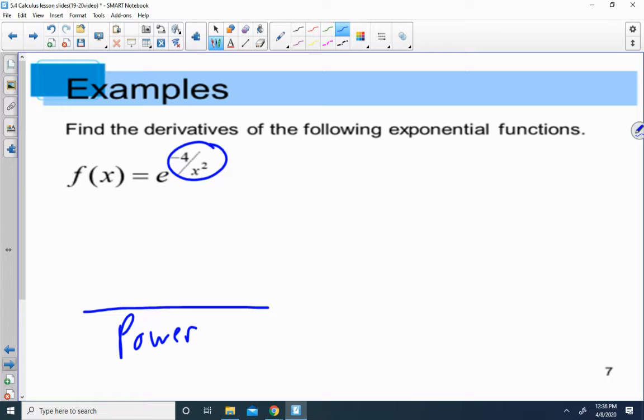And a fraction is the same thing as a quotient, which means we got to do the quotient rule. So, let me show you how to do the quotient rule. So we got negative 4x squared as our power, where this is the high and this is the low. And just getting a refresher on the quotient rule.